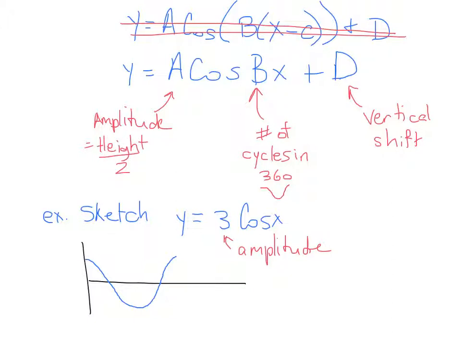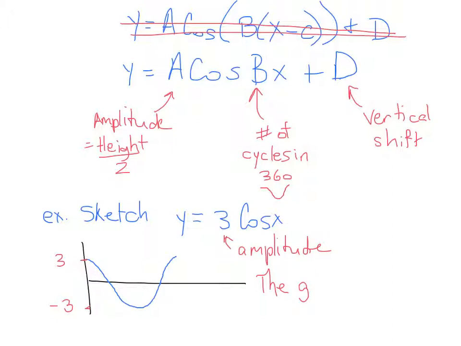But we actually don't even have to think that far. With the cosine graph, it's pretty easy. If there is no vertical shift, the graph just starts at the amplitude. Again, only if there is no vertical shift, the graph starts at the amplitude. That's something you probably want to write down. So let's go ahead and do that.